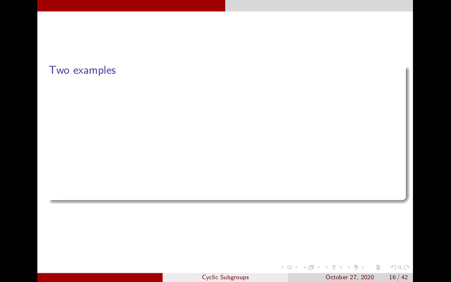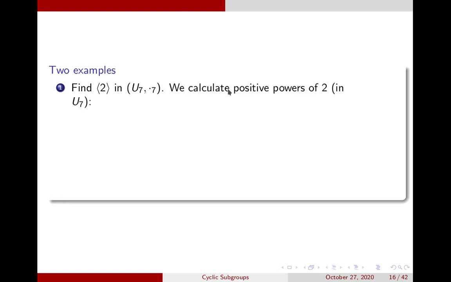So let's try a couple of examples using this principle for finding cyclic groups. Let's find the cyclic subgroup generated by 2 in U sub 7, times sub 7. So we're going to calculate the positive powers of 2, working in U sub 7. So we have 2 to the first, which is 2.